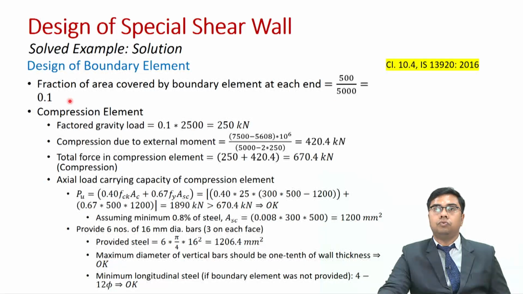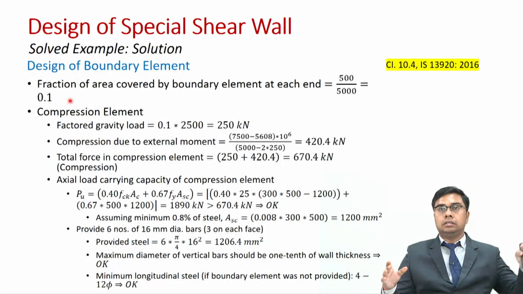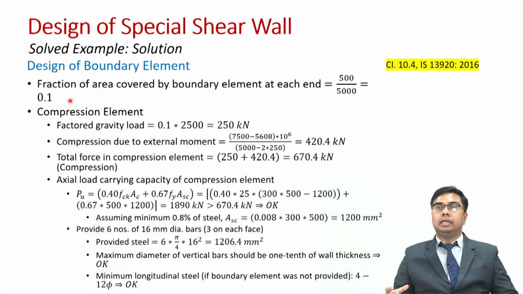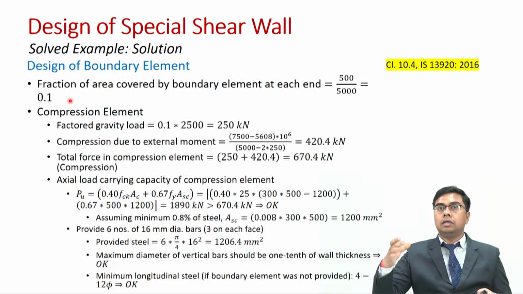So it is 0.1. Now in this case, since we have the lateral loading, one of the boundary elements will act as a compression element and the other will act as a tension element. So we will check each of them. For the compression element, we need to find out the total compressive force. What will be the factored gravity load?